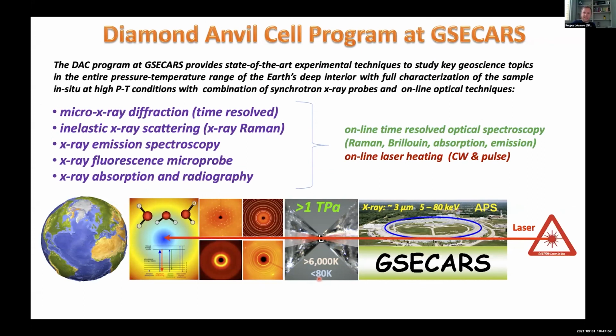Sure. Hi, Vitali. Could you please tell us what you think about non-gray body temperature measurements in laser-heated diamond anvil cells? It's a good question, and I know that you're working on it, but considering many things, the temperature measurements that we have is basically we fit the gray body radiation, changing and fitting emissivity.